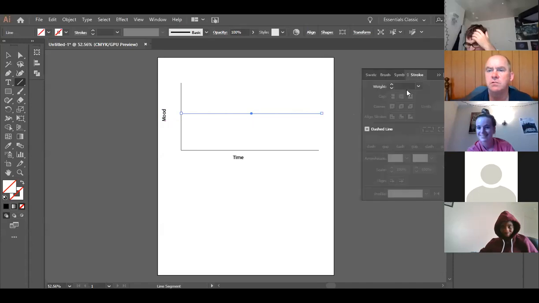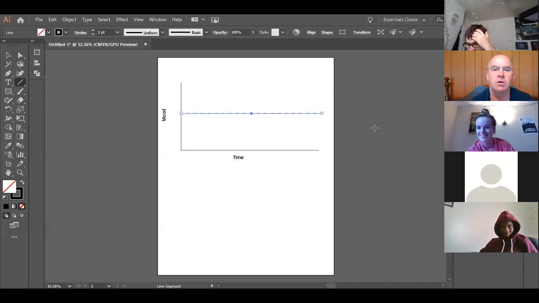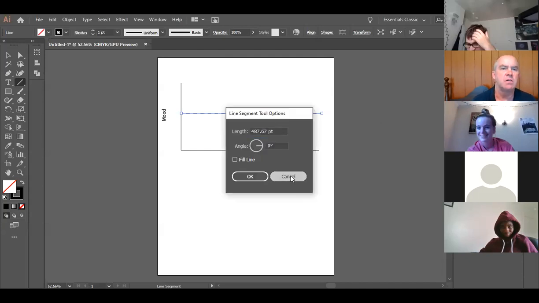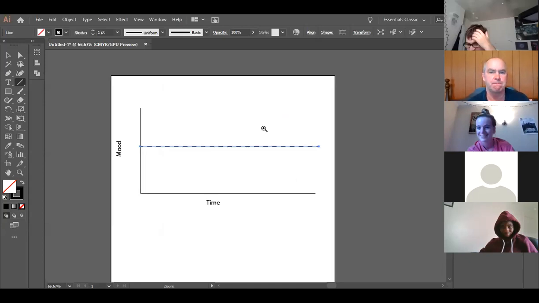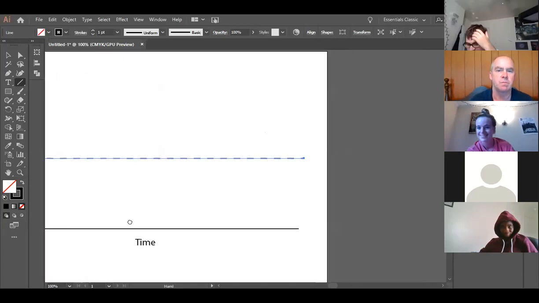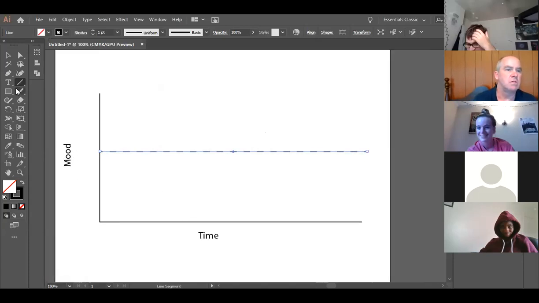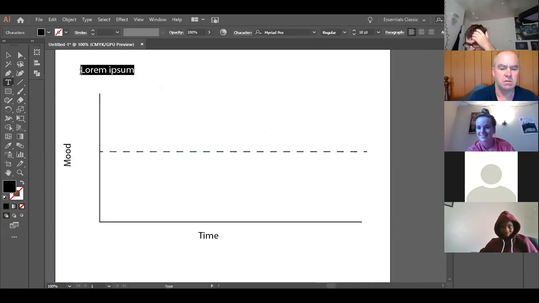Let's give this a little weight, and make it a dashed line. So this middle thing here is normal. This is your normal mood on a normal day.